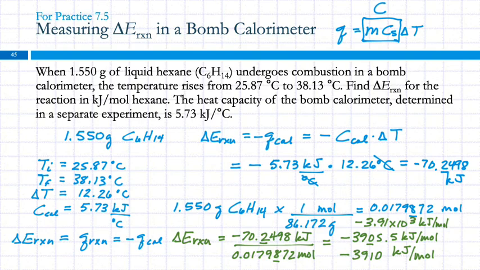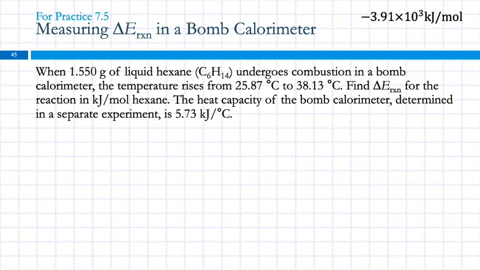I don't have to worry about filling in with placeholder zeros. So if you have a tendency to make rounding mistakes here, put it in scientific notation and then round it. Any questions? Minus 3.91 times 10 to the third kilojoules per mole.